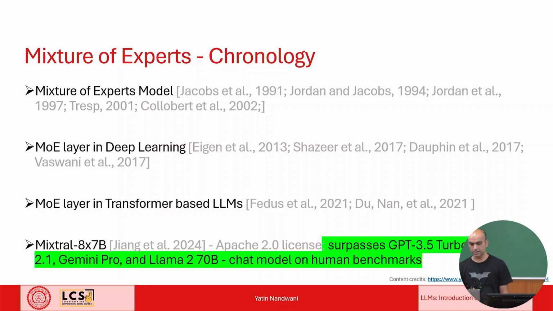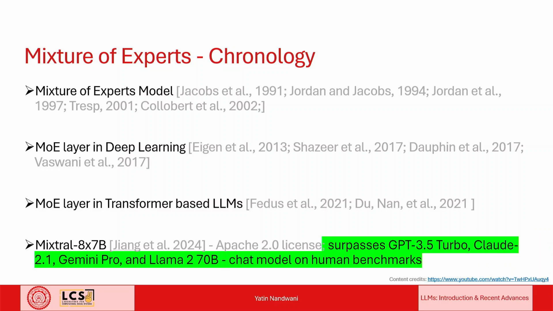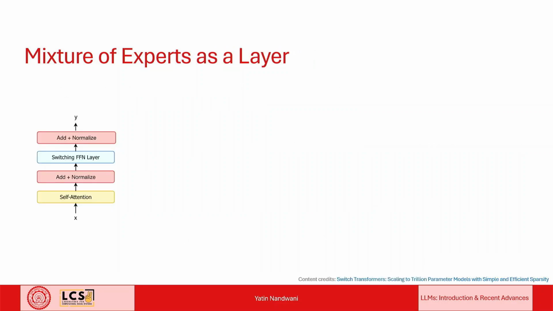And then came Mixtral in 2023-24, which made a lot of models public. Their most popular one was 8x7 billion, which had 8 experts of 7 billion parameters each. The good thing is that its license is commercial friendly, which means we can also use it, and it surpasses GPT-3.5 Turbo, Claude, Gemini Pro, and Llama 2 70 billion on many human benchmarks. So this created a buzz in the market.